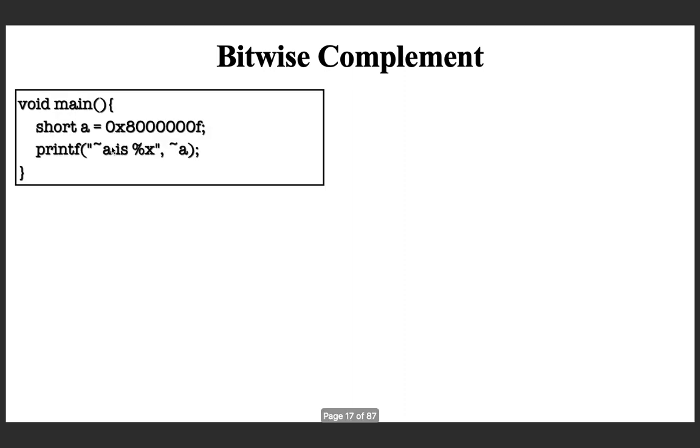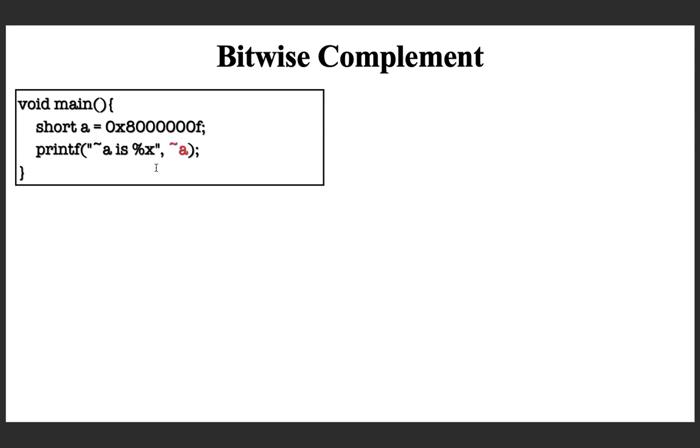We will first look at bitwise complement, and I will try to explain to you what bitwise operators are using examples. So here is a program with just two statements where I am assigning a hexadecimal value to a short integer variable, and then I am applying the unary bitwise complement operator, which is just the tilde character.